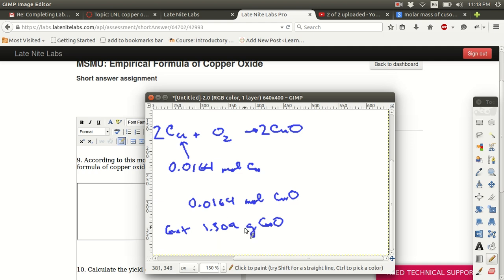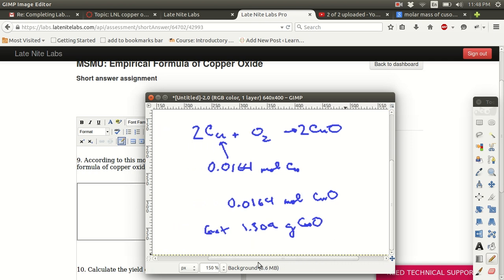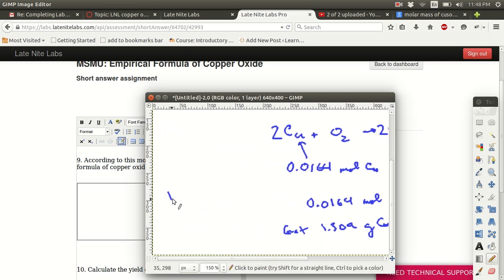But they want that to be in moles. So let me convert that to moles. In 1 mole, there are a certain number of grams of copper oxide.